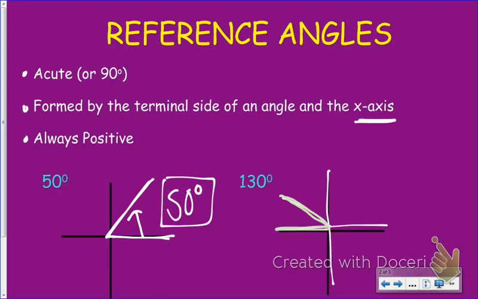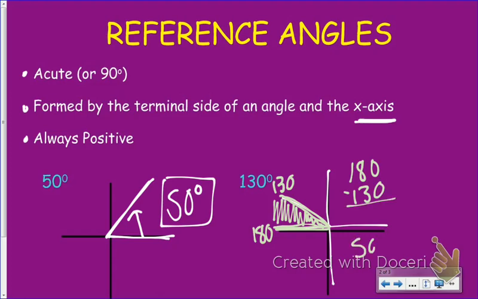So between those two places, that distance, that's my reference angle. So I need to know how many degrees there are in that area. Well, I know it's 180 all the way down to that line, and I know that it's 130 up until that point. That in between section, all I have to do is subtract, and I get my reference angle, which is 50 degrees. So the reference angle is what's made up with the terminal side and the x-axis.